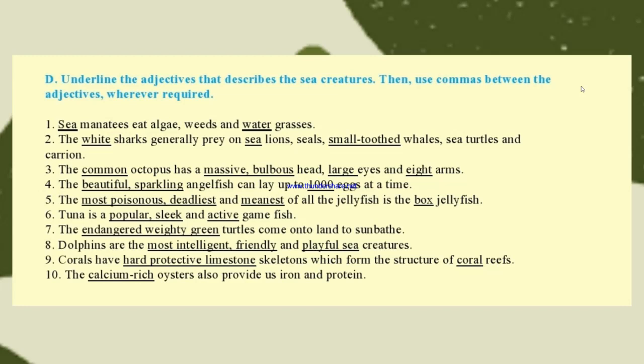Then leathery also comes under the category of opinion, but green comes under the category of color, right? So in point number 3, or rule number 3, what did we learn? We learned that when there are adjectives of different groups, we do not need to put a comma or add and. So that is why in sentence number 7 you see there is no comma, or we have not put any and in it, right?